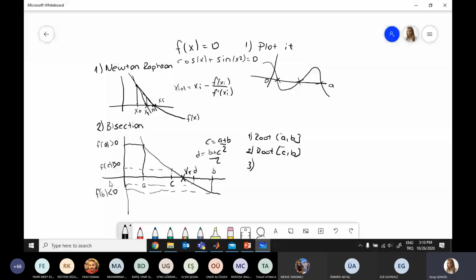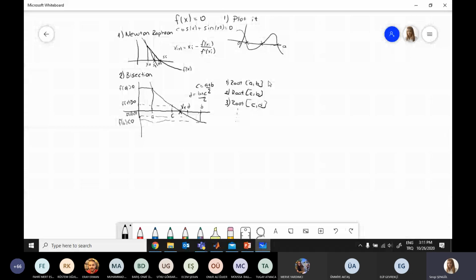The root will be between c and d now. So we updated b this time, right? And in the same way, you will reach xr like that. This was the bisection method.